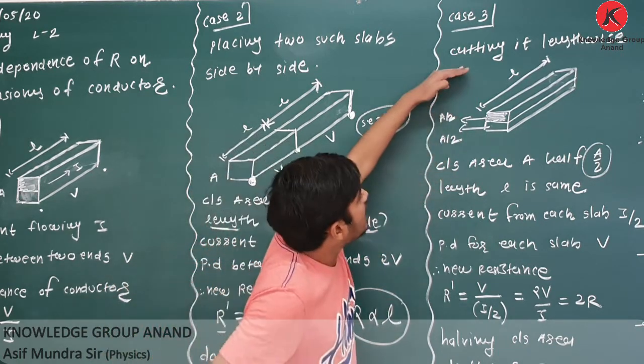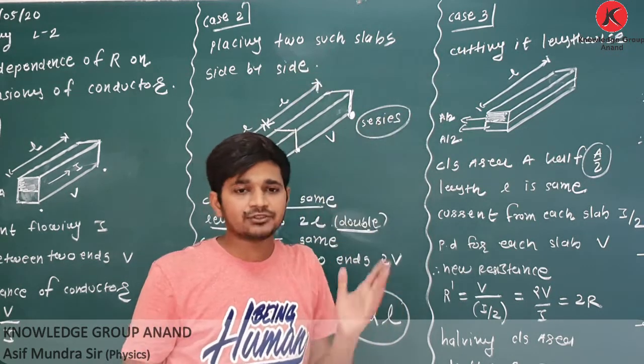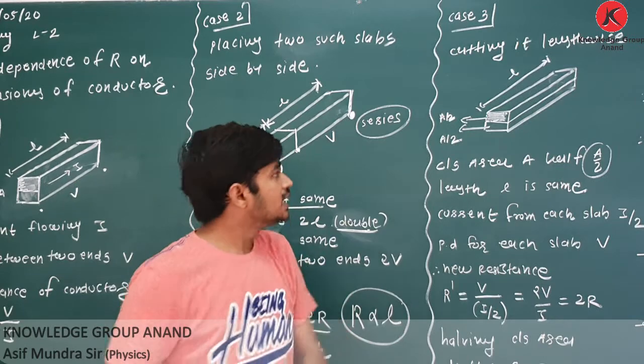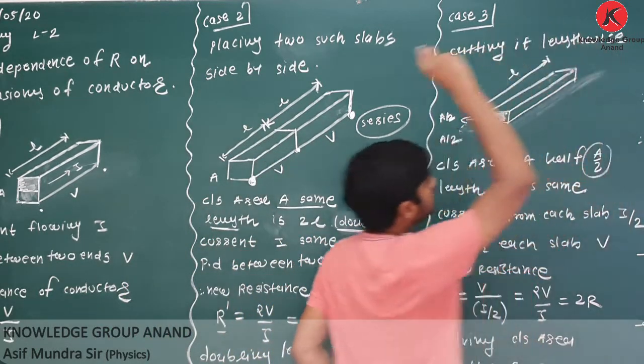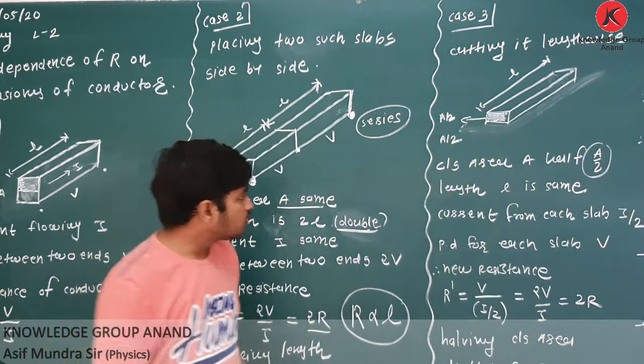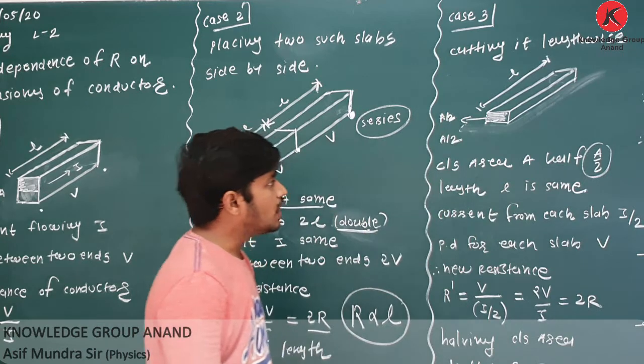So if I am cutting this conductor lengthwise and I am taking only one part, then what happens? See, the cross-sectional area becomes half, and the length remains the same.